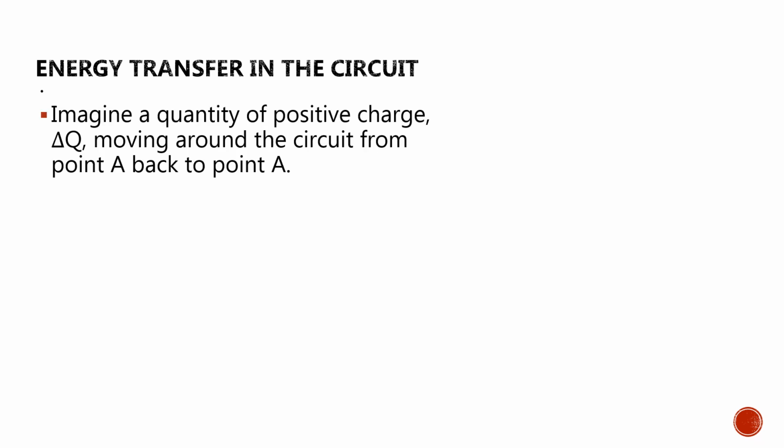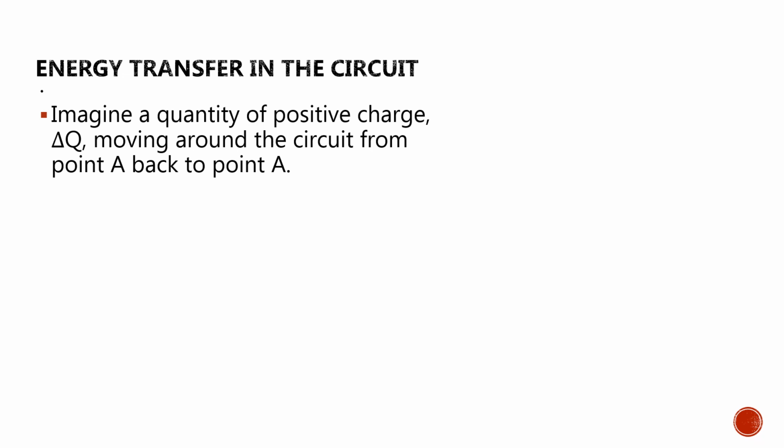So let's think about what happens to energy as charge flows around a circuit. Imagine a quantity of positive charge, although in electrochemistry the charges are deemed to be negative because of the nature of the electrons. But in physics, the convention is that the charges are positive.